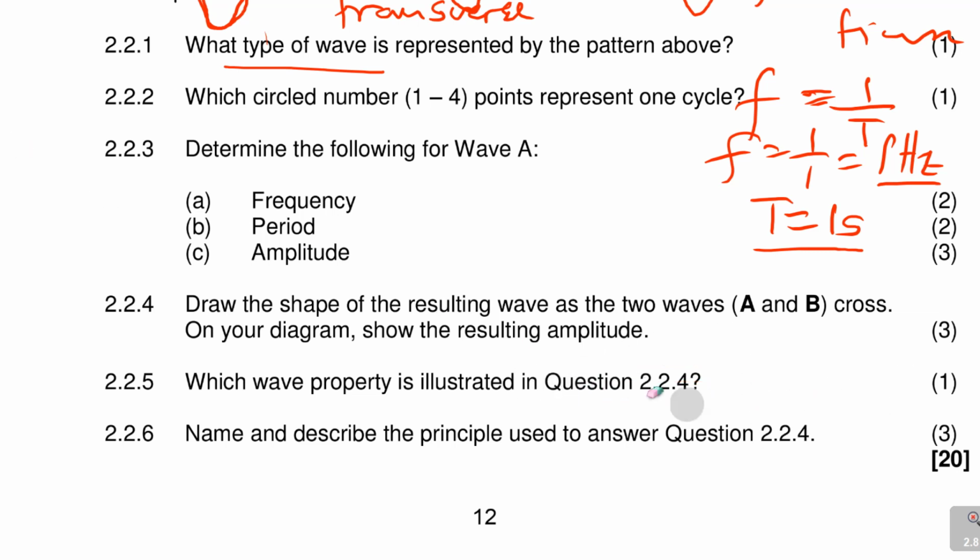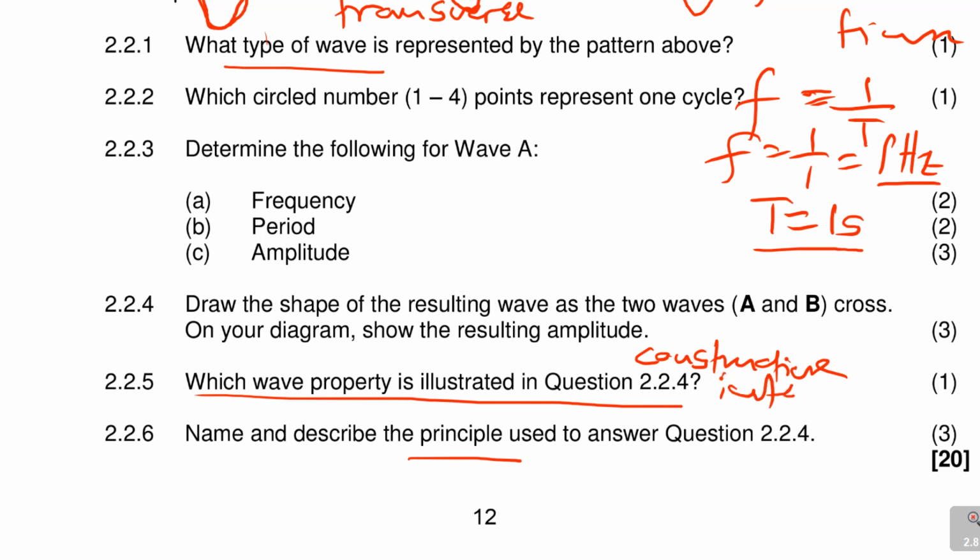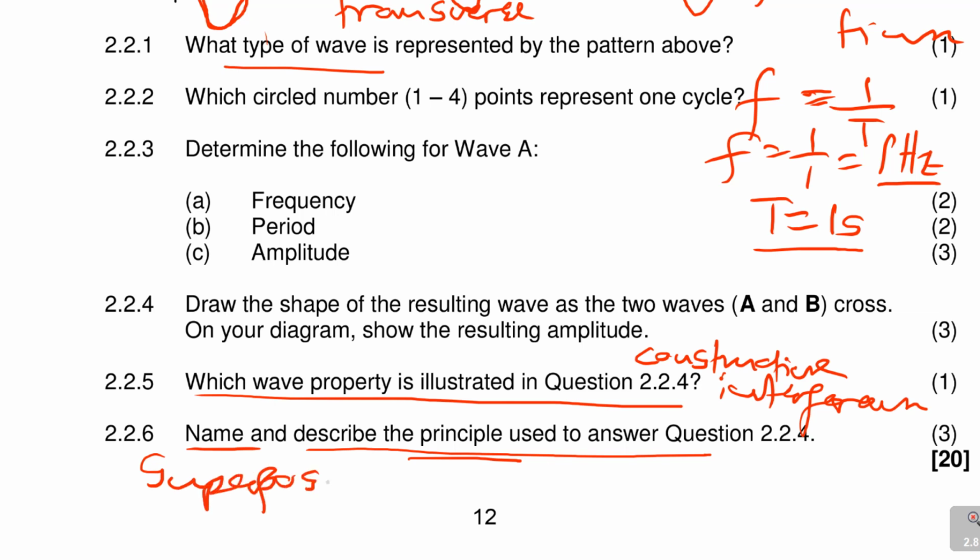The property of wave is constructive interference. And then it says name and describe the principle. The name there, the principle behind it, is superposition. It's called the principle of superposition. And describe it. What happens?